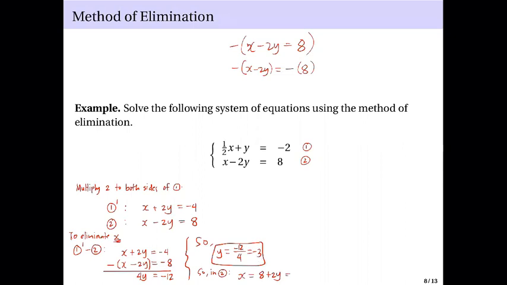So this is equal to 8 plus 2 times minus 3. Let's just continue solving this. 8 minus 6, and this is equal to 2. So you now have your x.